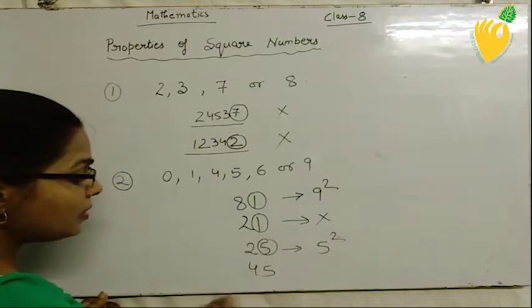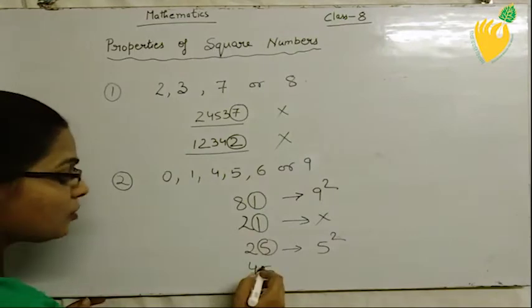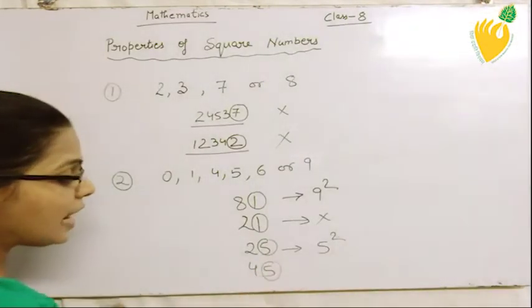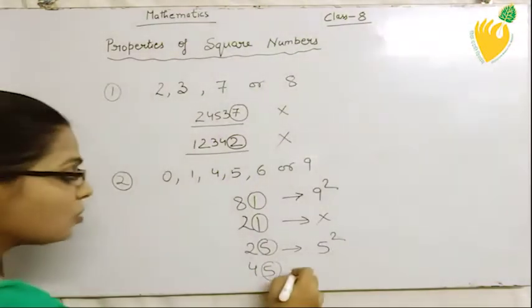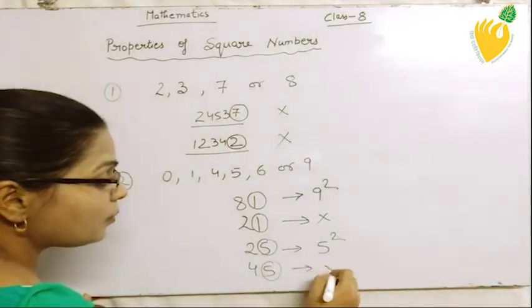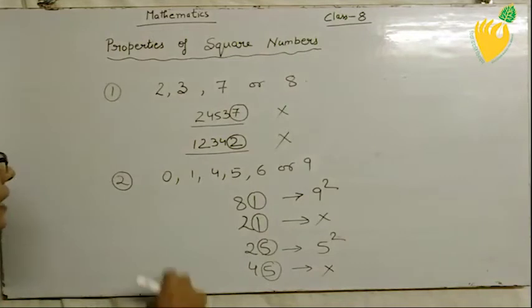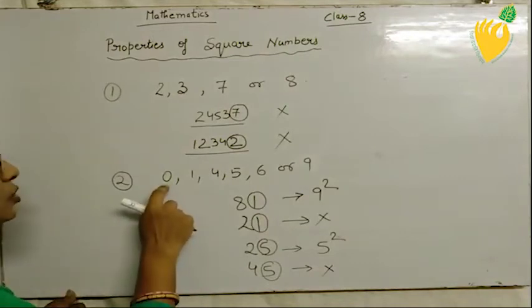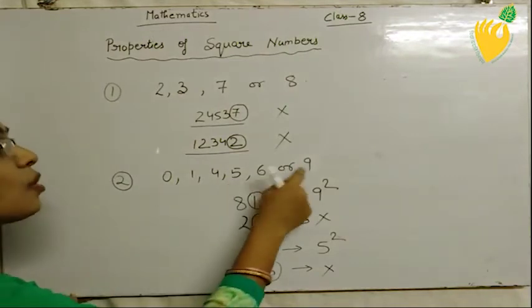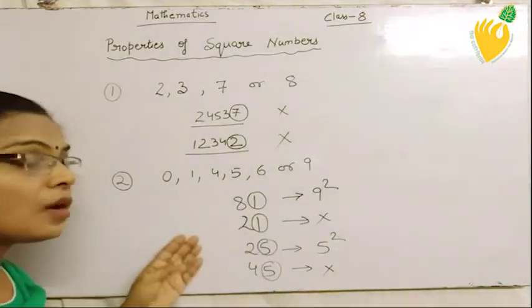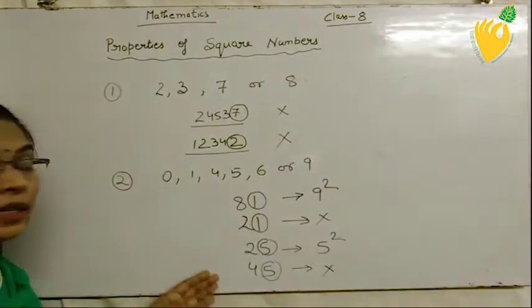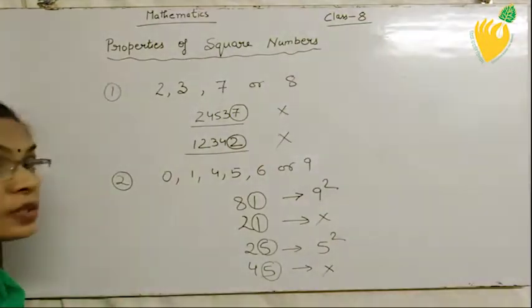Similarly, take the number 45, and the digit at the unit place is 5, so it is not a perfect square of any number. So we can say if the digit at the unit place is 0, 1, 4, 5, 6 or 9, then the number may or may not be a perfect square.